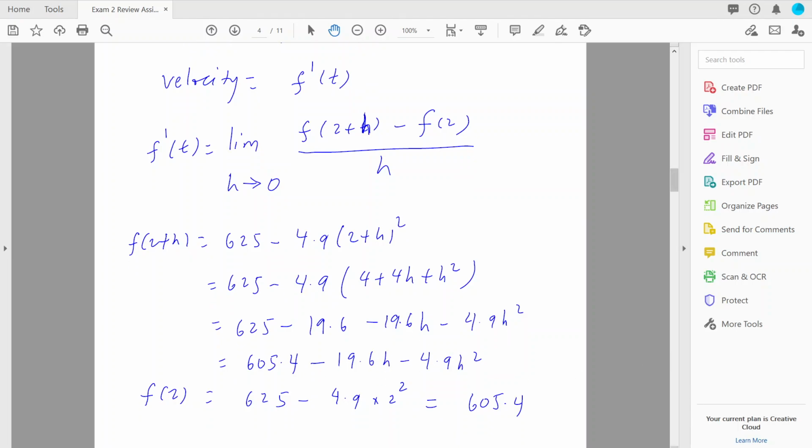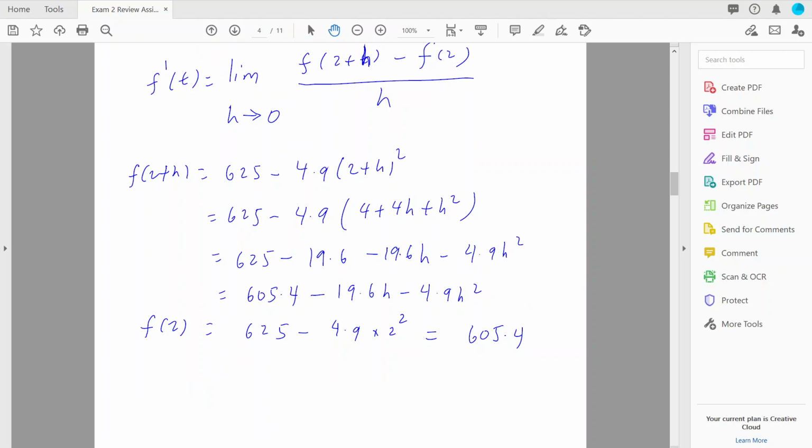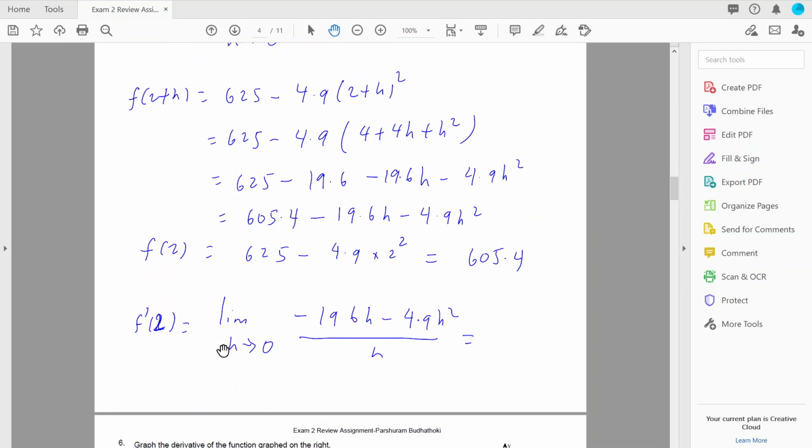So the derivative at 2 is equal to the limit as h goes to 0 of negative 19.6h minus 4.9 h squared, divided by h. If you factor out h from the top and cancel it with the h from the bottom, and finally plug h equal to 0, the derivative would be negative 19.6.